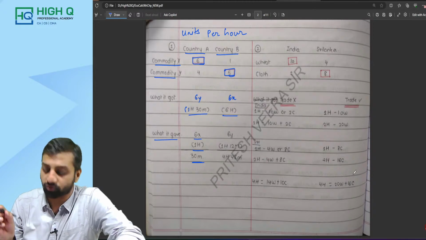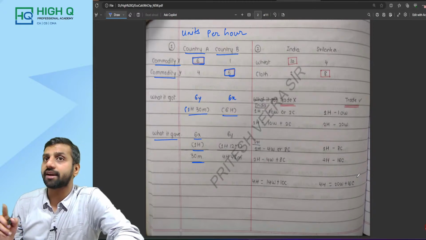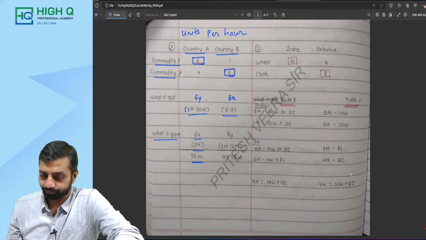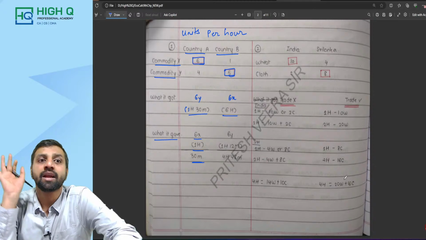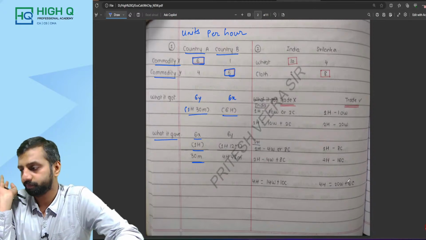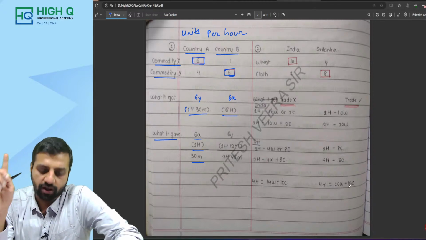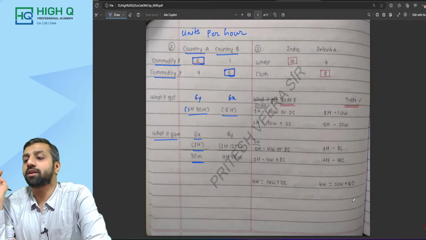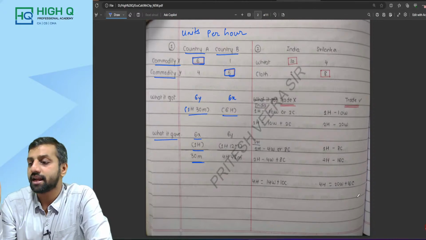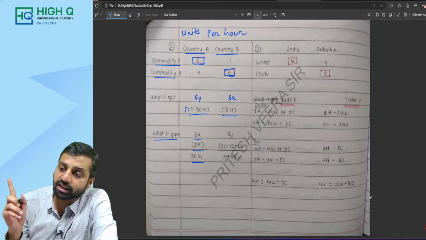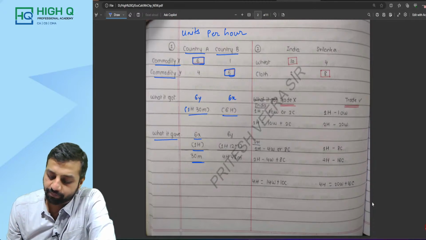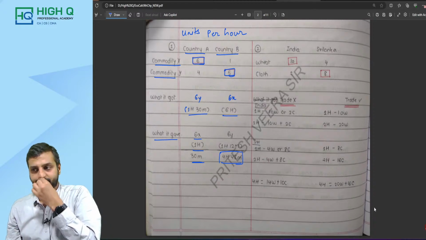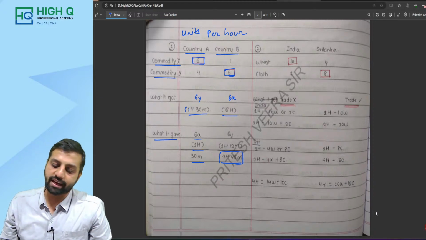It will give 6Y. 1Y will take 12 minutes, because in 1 hour I can make 5 units of Y. So if in 1 hour I can make 5 units of Y, then 1 unit will take 12 minutes. I will have 1 hour and 12 minutes for producing 6Y. So the excess time left with me is 4 hours 48 minutes. Yes or no?